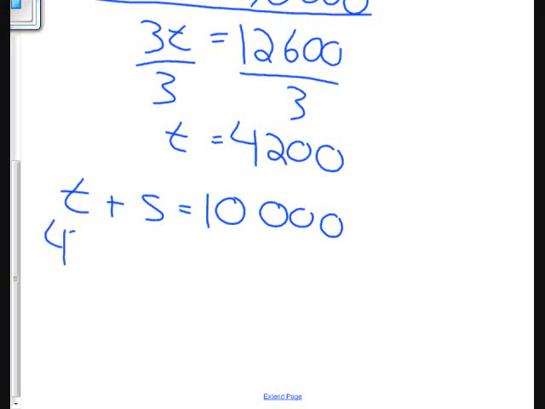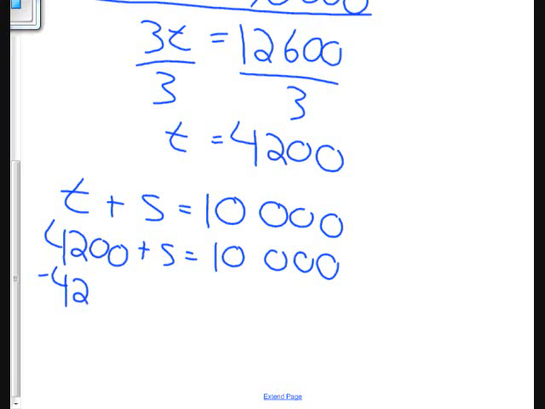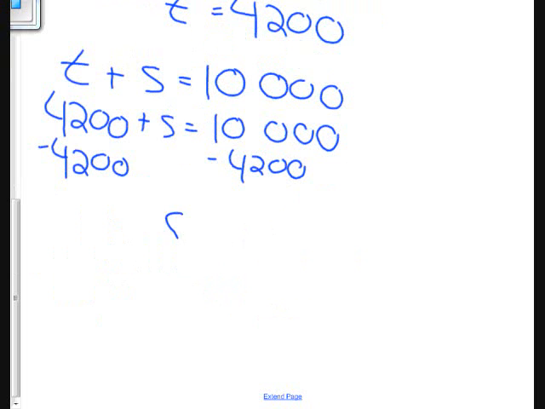T we know is 4,200. Now we can minus 4,200 from both sides. And what do we get for S?